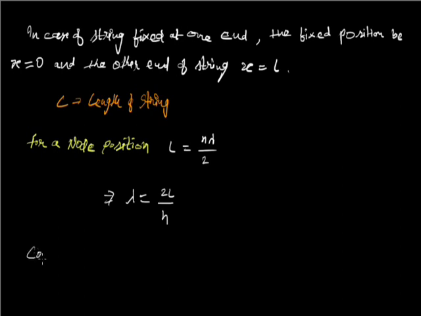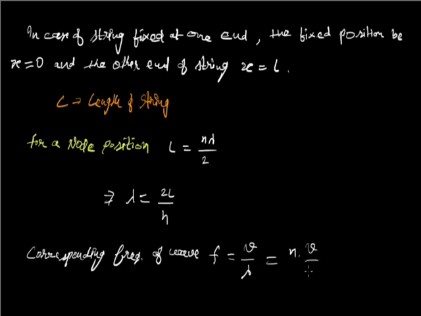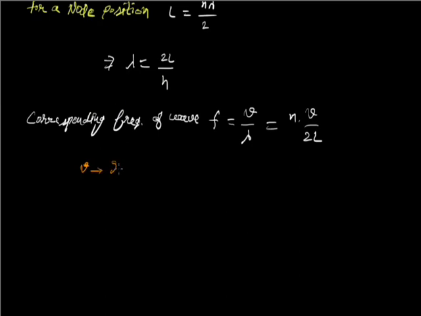The corresponding frequency of the wave f equals v upon lambda, which will be given by n multiplied by v upon 2L, where v is the speed of the wave.